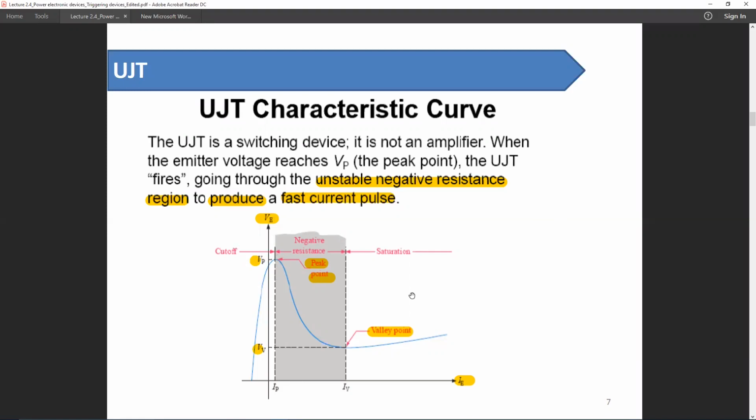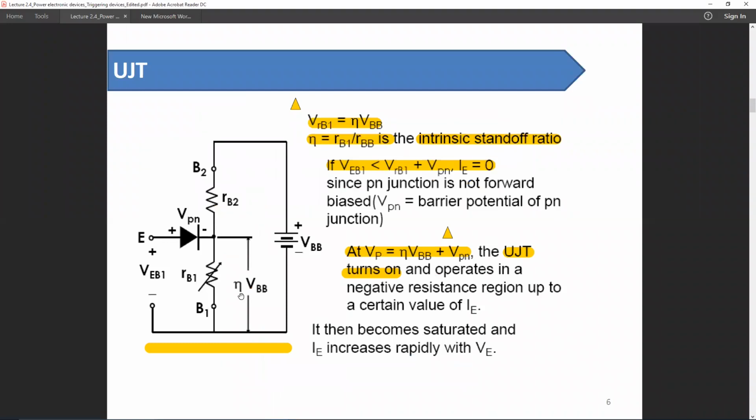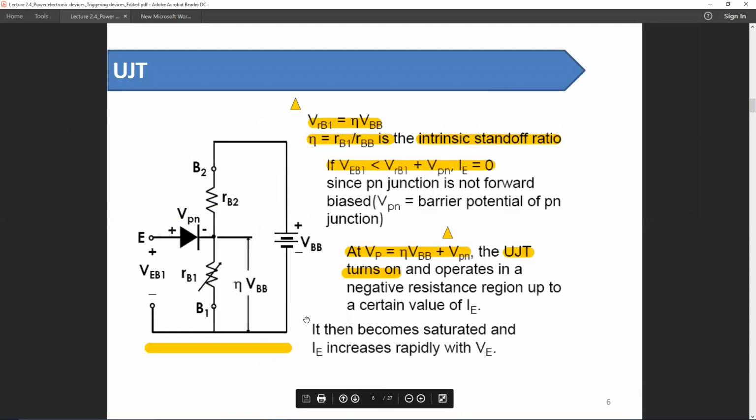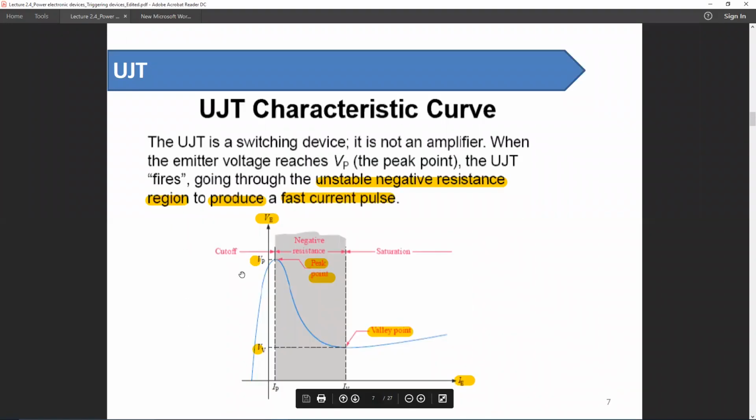But in case of a UJT, as there is some variable resistance and this resistance varies with the carrier concentration of this N region, we will get two voltages, one for turning on and one for turning off. The turn on voltage is called peak voltage or VP, and the turn off voltage is called VV or valley voltage.